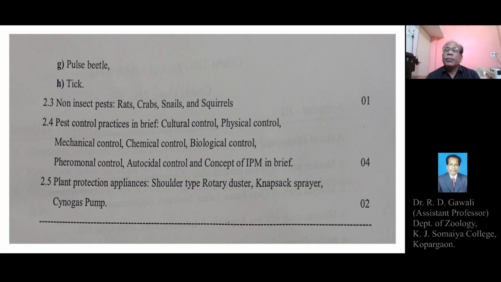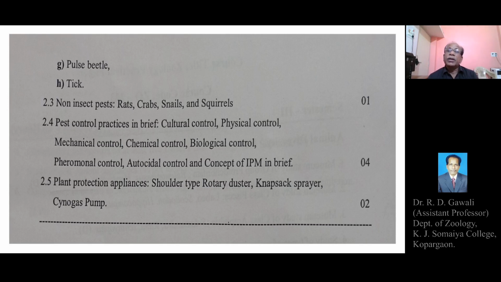So pesticides may be powder pesticides, liquid pesticides, or fumigants, the toxic fumes of which can be formed and can kill the pest population.